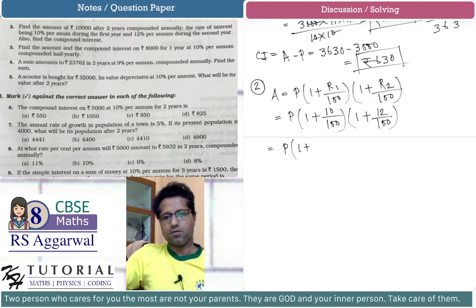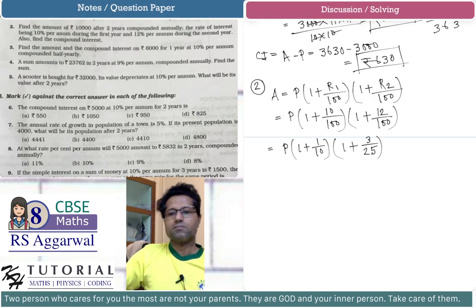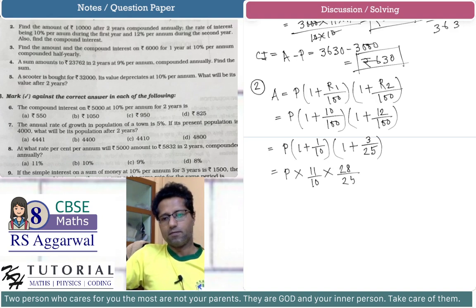So this is 1 by 10, multiplied by (1 plus 12 by 100), which is 3 by 25. This is equal to 1 plus 1 by 10 is 11 by 10 and 1 plus 3 by 25 is 28 by 25.